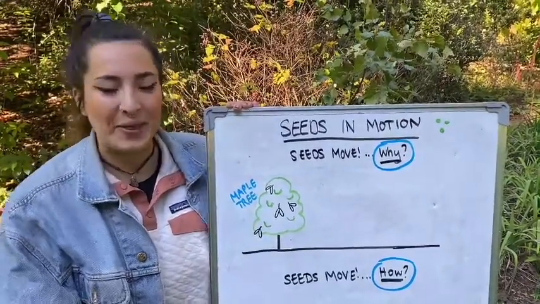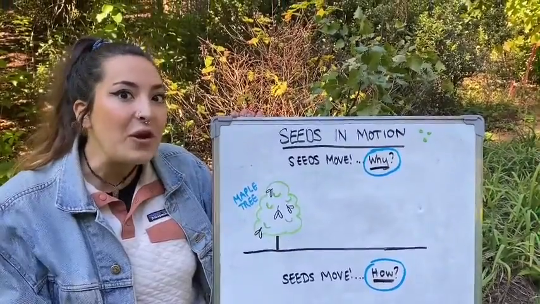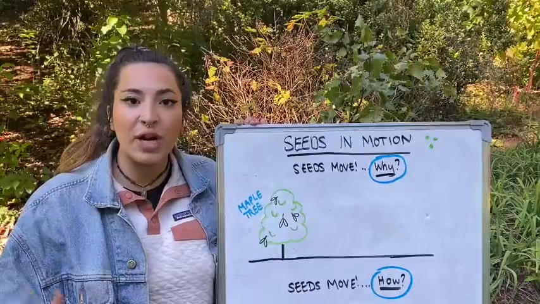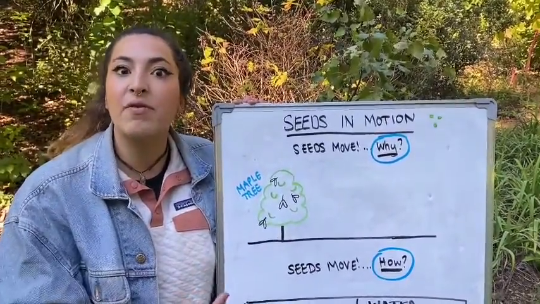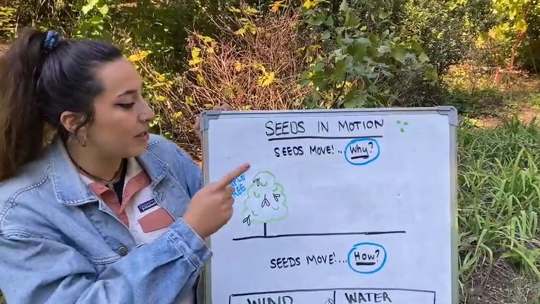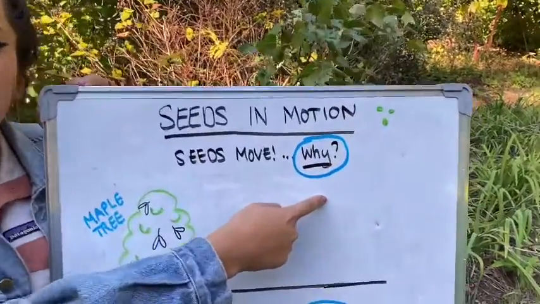No, I don't think so. Seeds move in some really cool ways. They have engineered their bodies over time to make it really easy for them to move around in a variety of different ways. First, we're going to start by talking about why seeds move.